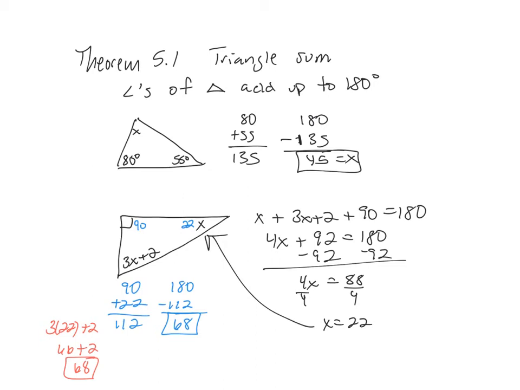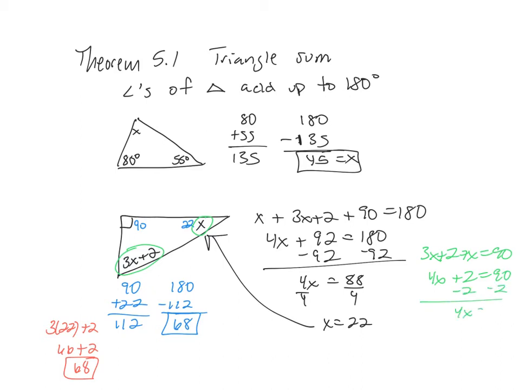So there is something to point out here. That problem, if you wanted to just do this plus this equals 90, get 4x plus 2 equals 90.